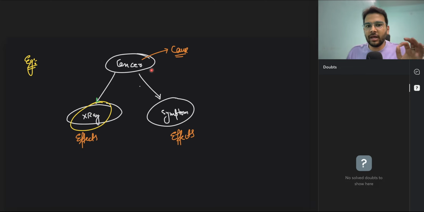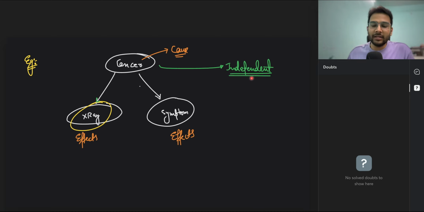There is no incoming edge to this random variable, that is cancer, right? So if there is no incoming edge, I can clearly say that this is not dependent, or simply this is independent. This random variable is independent. Is this clear? Clear? Okay. What else?